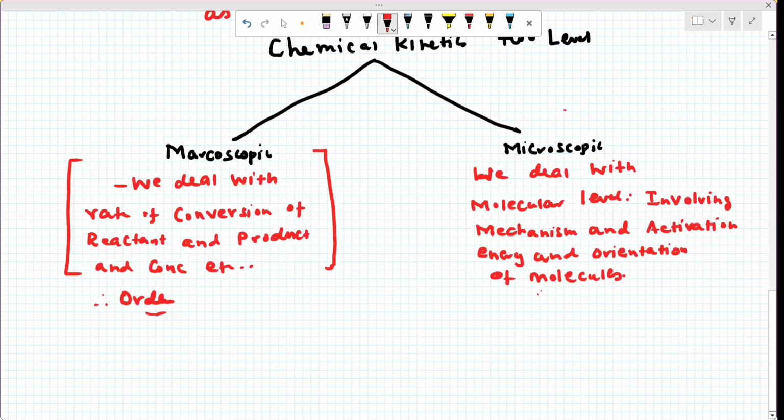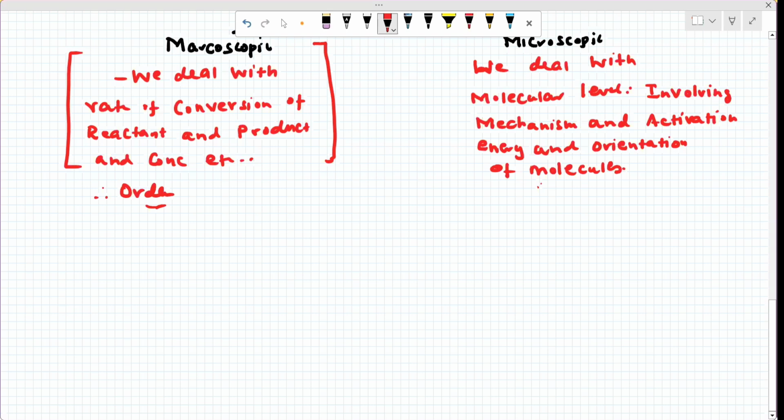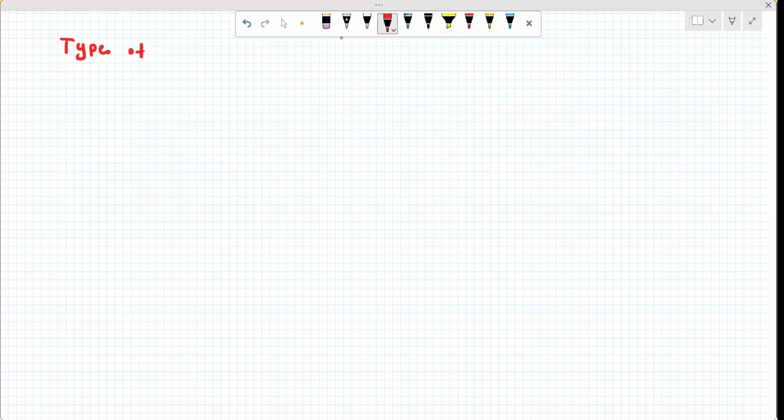Okay, the syllabus has macroscopic and microscopic. Now see the topic, types of reactions on the basis of rate.